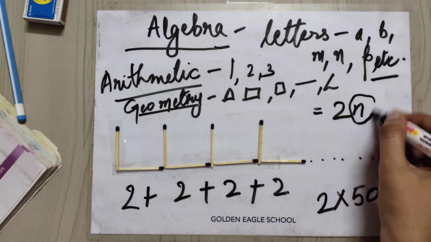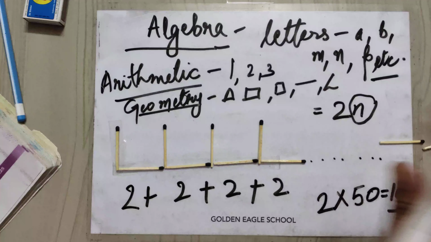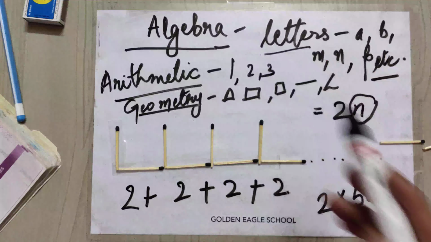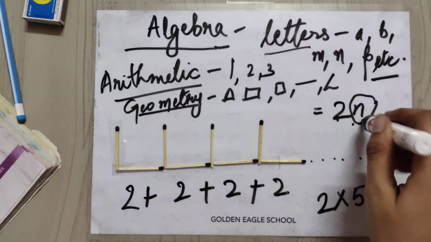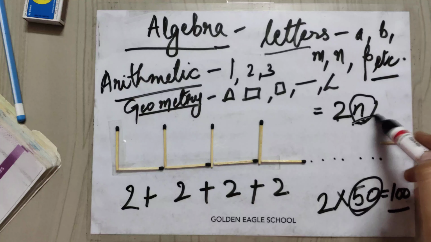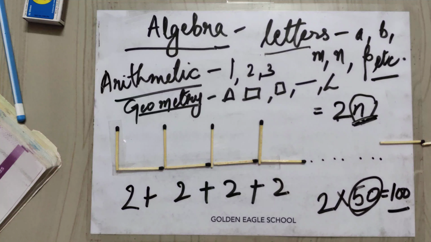Now you'll ask me what is n? N here is algebra, in which we are using letters. Now n is the number of L's formed. For example, here we had taken 50 L's.